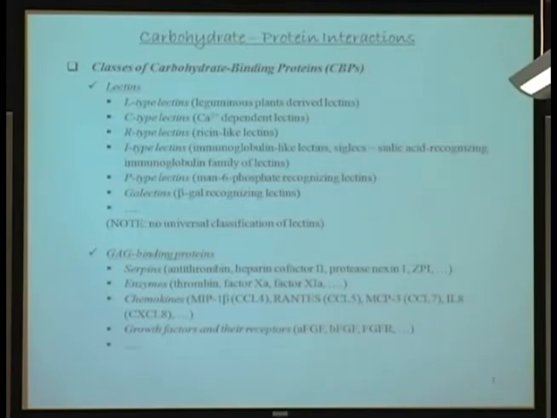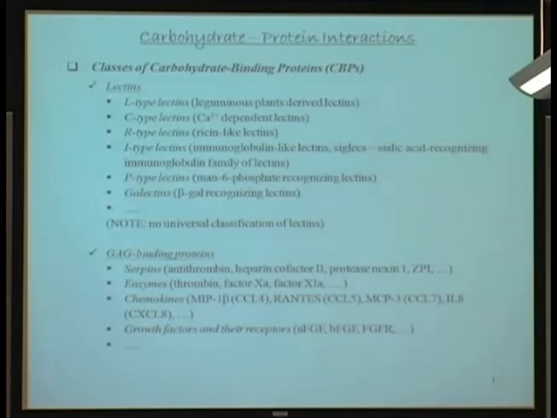Now, lectins were discovered more than 100 years ago, and over a period of time we have come to realize that we can classify lectins into a good number of classes. For example, L-type lectins, C-type lectins, R-type lectins, I-type lectins, and these are all lectins.